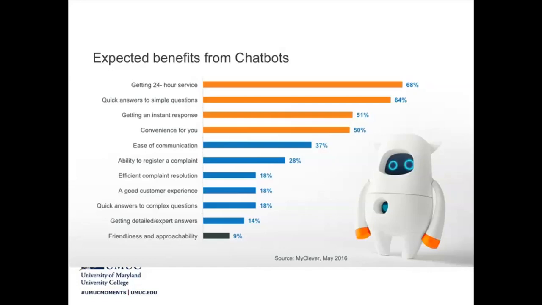Already, customers expect also easier communication, a higher percentage, even getting more detailed, expert answers is going up. So as we advance, all these expectations are growing because the chatbots today with the technology are capable of satisfying this user requirement. So this is very general about chatbots.